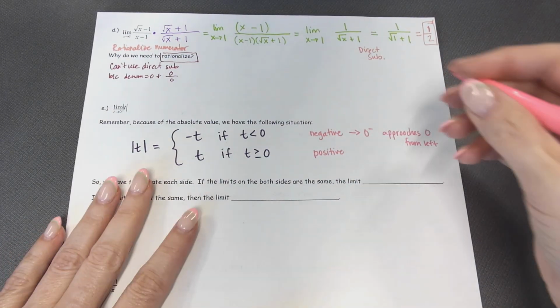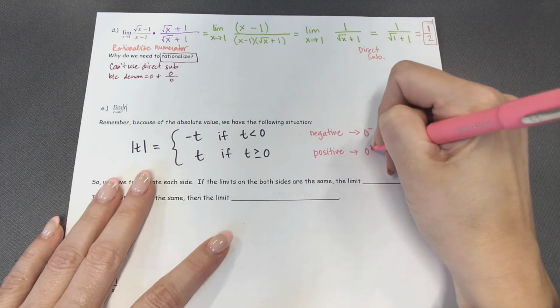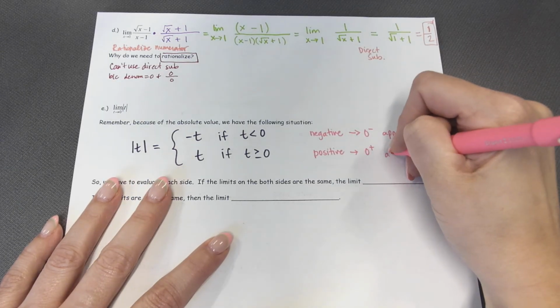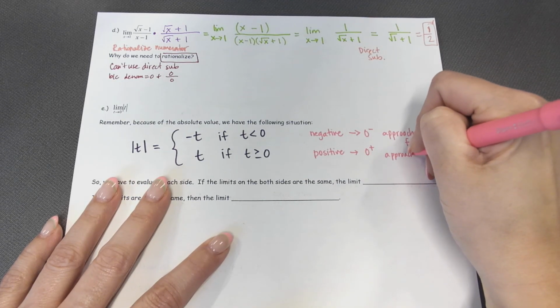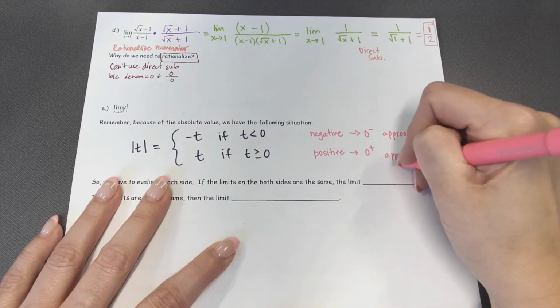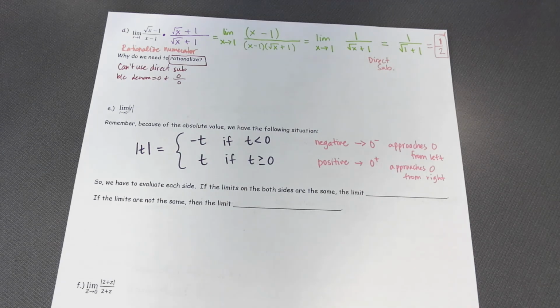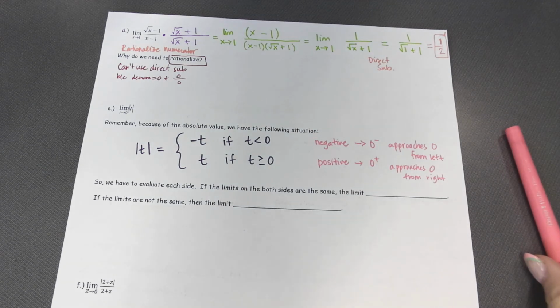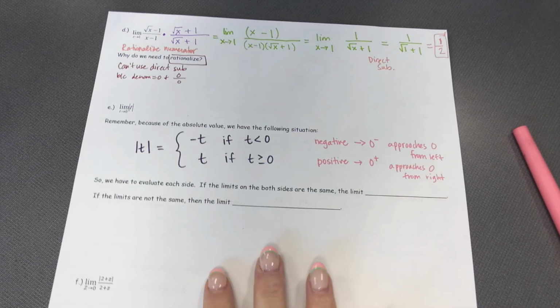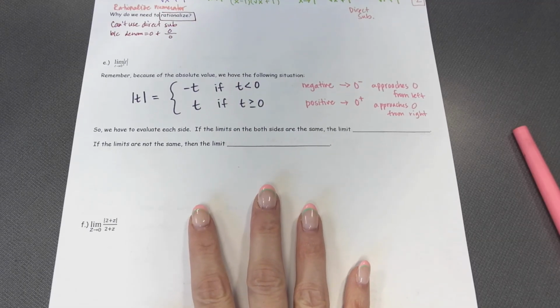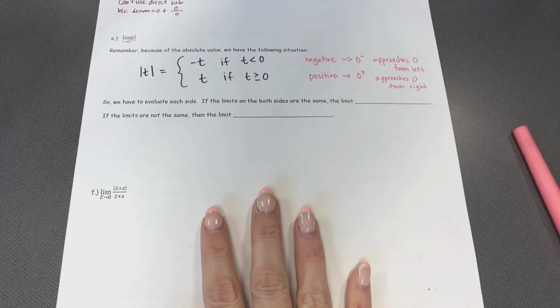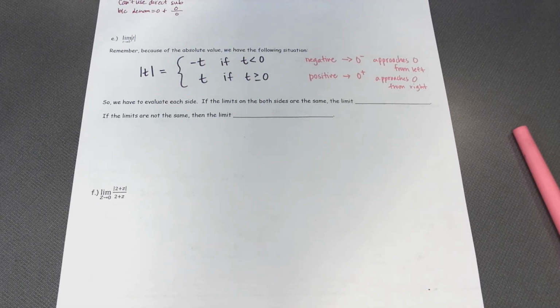And then if it's positive, remember we would say it was 0 from the right. Okay, so what we have to do here is we just have to evaluate each side.